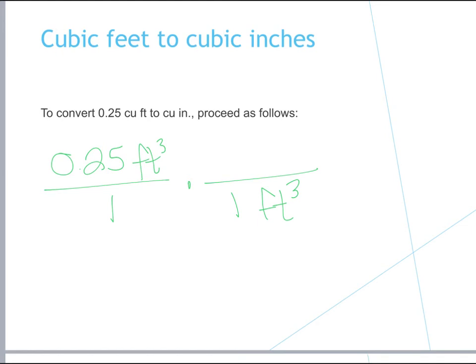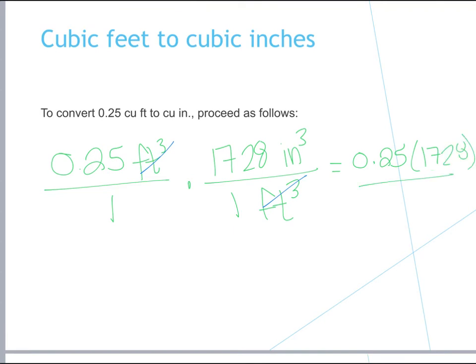So I have 1 cubic foot is equal to 1,728 cubic inches. Now I can cancel my cubic feet, and that leaves me with 0.25 times 1728 over 1, and if you do that multiplication, you get 432 cubic inches.